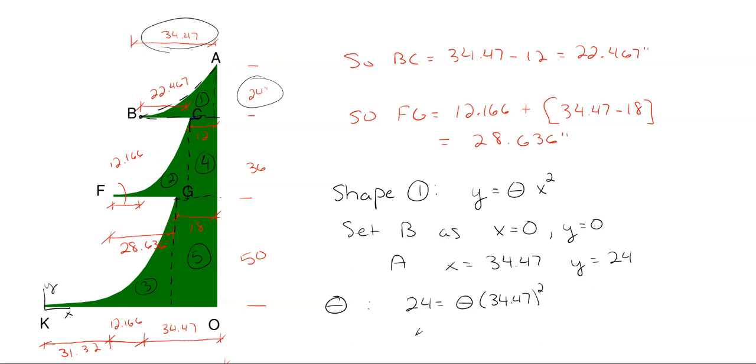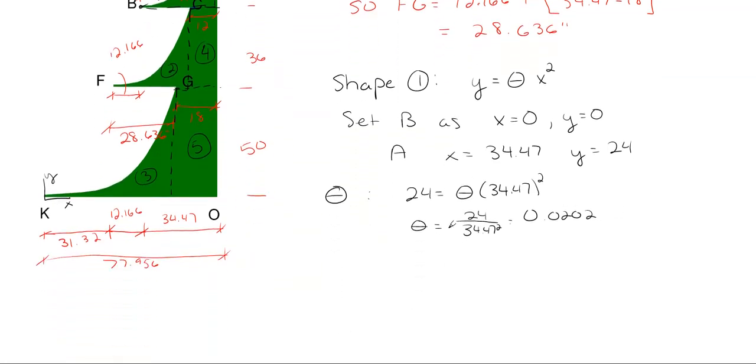All right, well, that means that theta will be 24 divided by 34.47 squared, which gives you an extremely small number here of 0.0202. And of course, there's more decimals there. So instead of running through with these small numbers, what I'm going to do instead is set an A value equal to my X in this case, which would be 34.47.